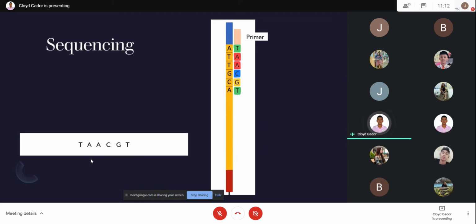So fast and efficient ang NGS kay simultaneous man siya nga nagdungan og read sa signals, kay bisag daghan kay siya og copy maabot tayo og millions, they are obtained simultaneously and recorded.